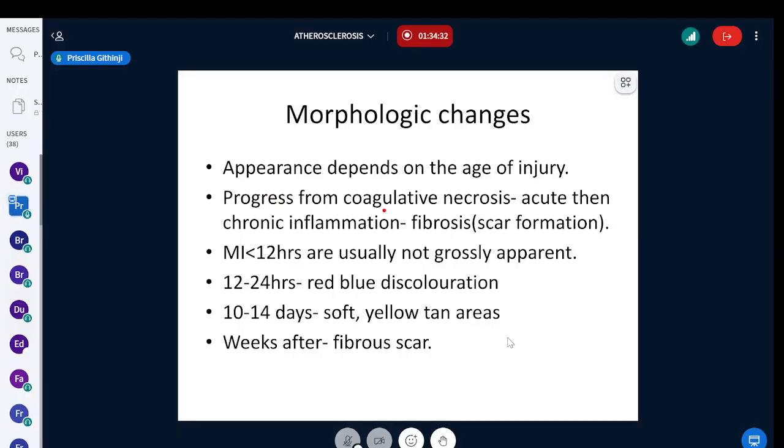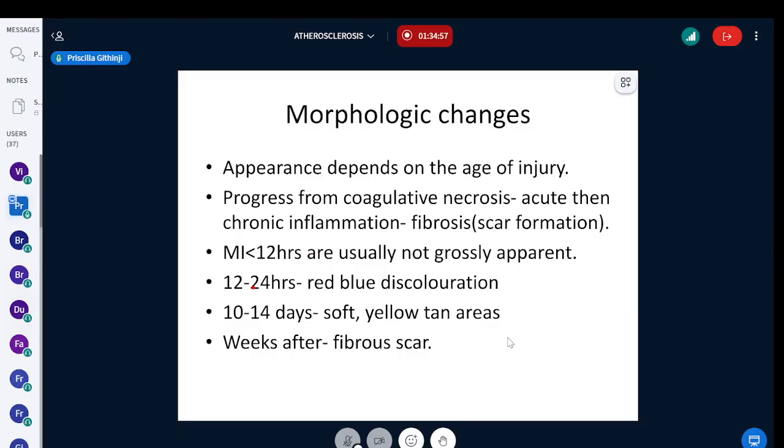So it progresses from coagulative necrosis, then you get acute, then chronic inflammation, and then eventually you get scar formation. Remember, the heart is a permanent tissue and therefore does not regenerate. Therefore, you're going to have scar formation. So for a myocardial infarction that is less than 12 hours, these are usually not grossly apparent.